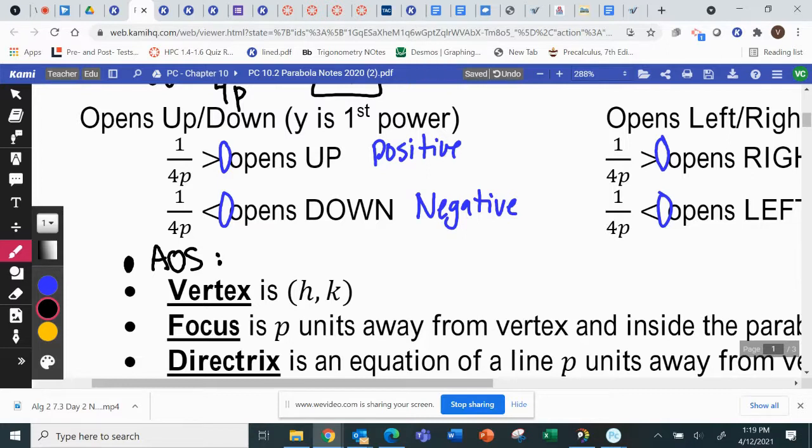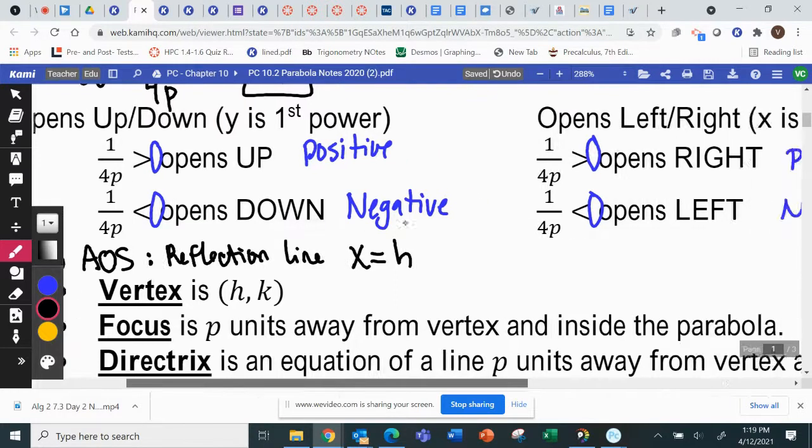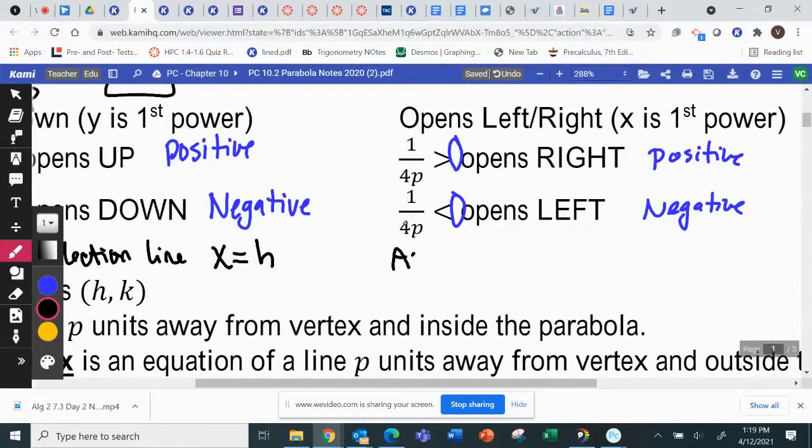It's that reflection line. For the axis of symmetry, if it opens up or down, it's going to be x equals h. But the axis of symmetry, if it opens left or right, is going to be y equals k. So those switch when it opens left or right.